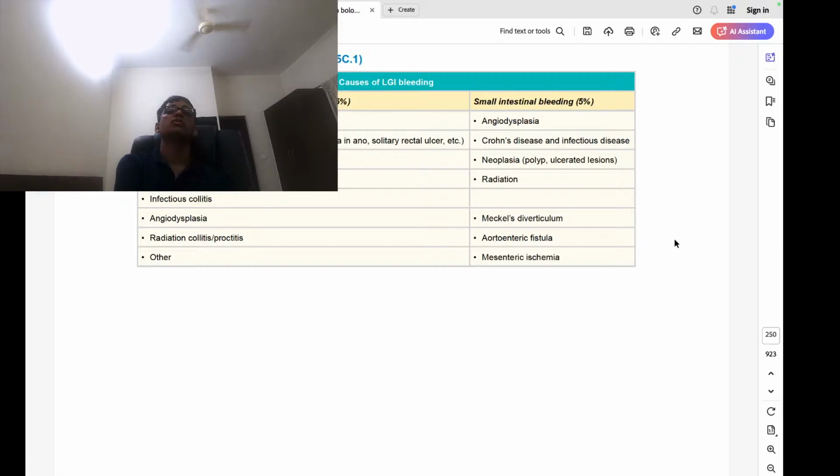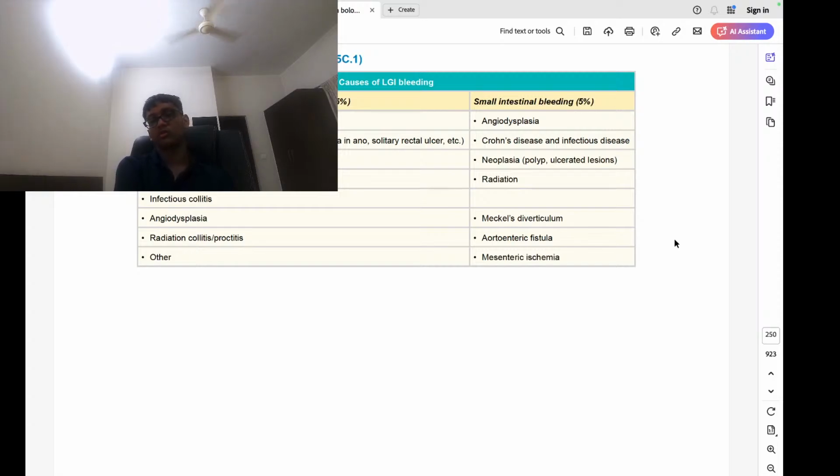Then lower gastrointestinal bleeding: colonic bleeding includes diverticular disease, rectal disease, hemorrhoids, fissure, neoplasm, polyp, ulcerated lesions, inflammatory bowel disease, infectious colitis, angiodysplasia, radiation colitis, and proctitis.